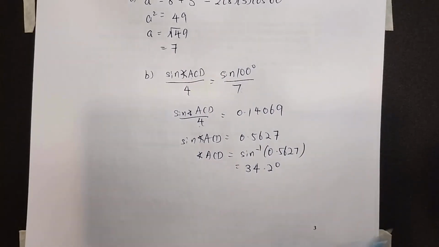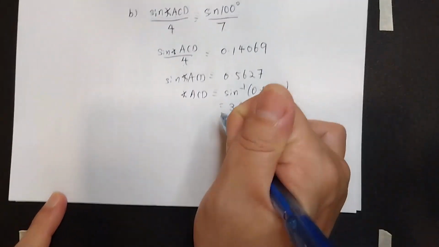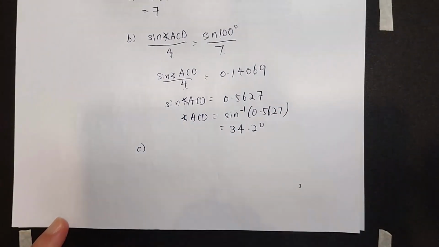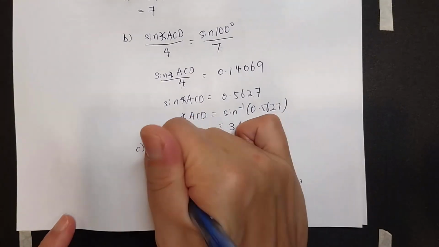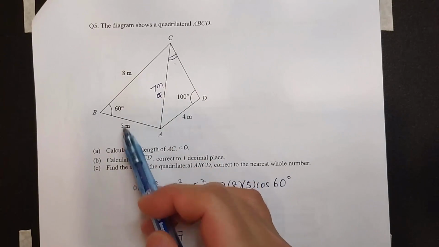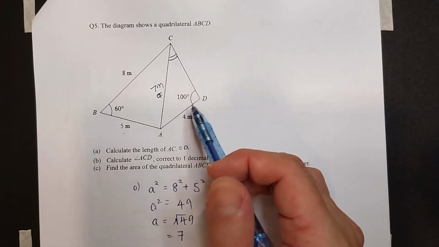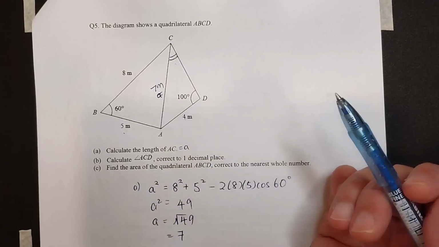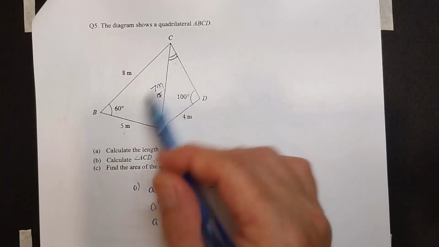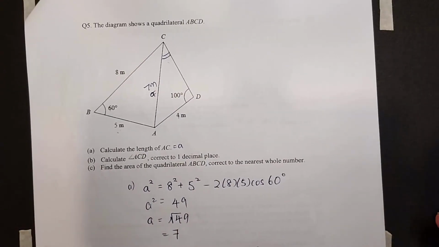Next, we will have part C. For part C, we are asked to find the area. So the area will be half AB sine C. Alright, but the problem is for this triangle here, we do not have any included angle.